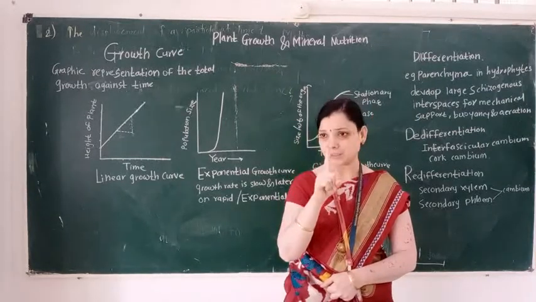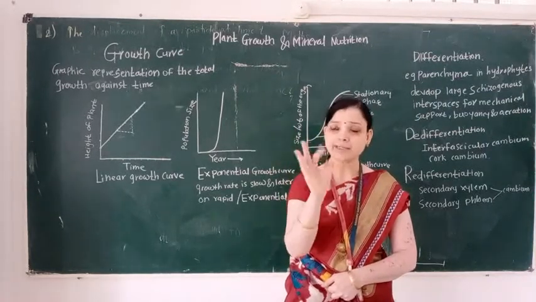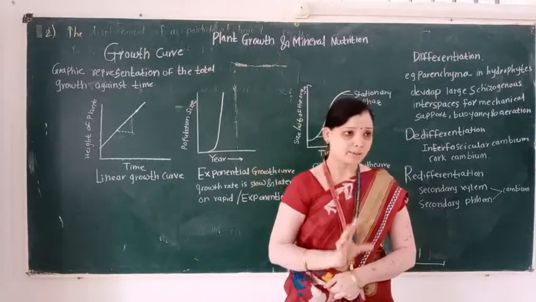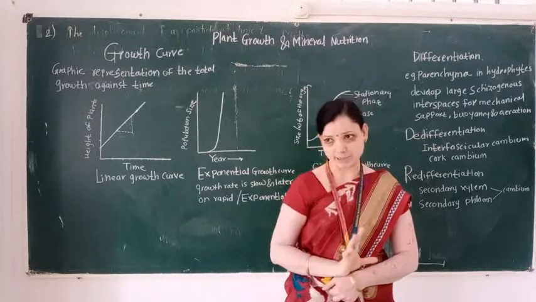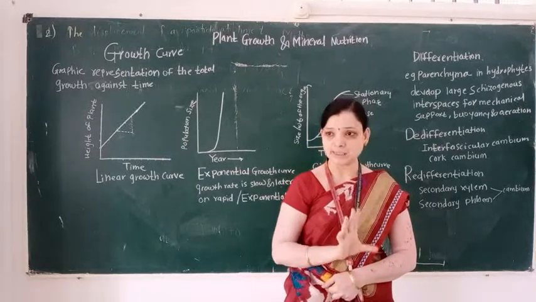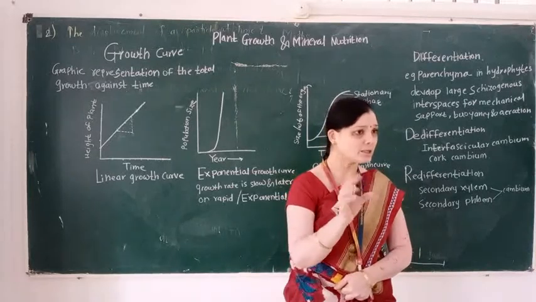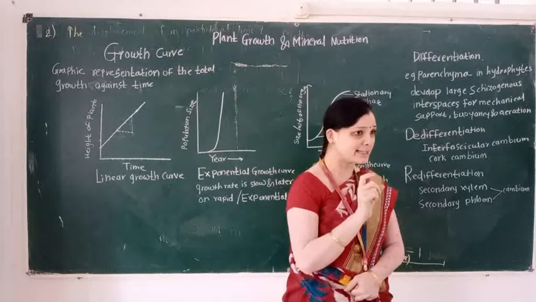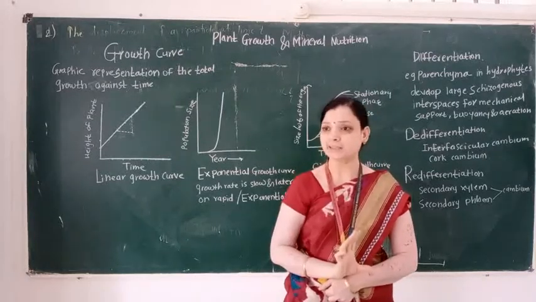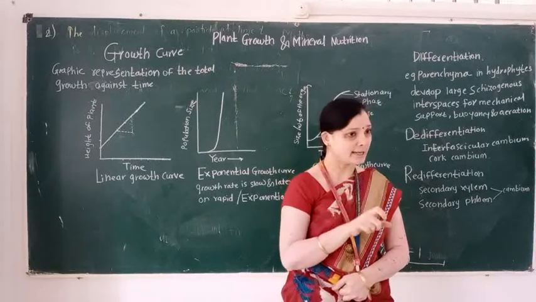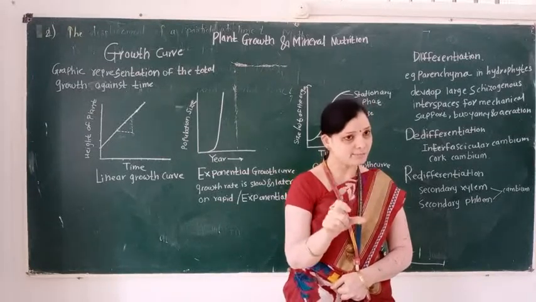First, they are young and immature cells. Second, they are living, that is the nucleus is present and surrounded by granular cytoplasm. Then the cell wall is present, very thin, and made up of cellulose. These are the characteristics of meristematic tissue.